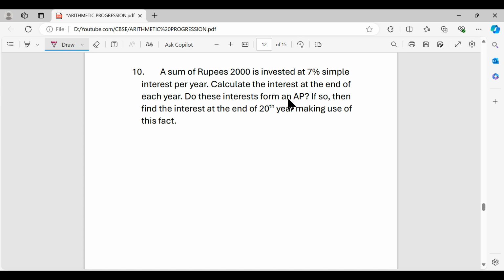So you know that the rate is given as 7%, P is given as 2000, and the time you have to find for different times. It says at the end of each year, so your time will be 1, 2, 3, 4, and so on.